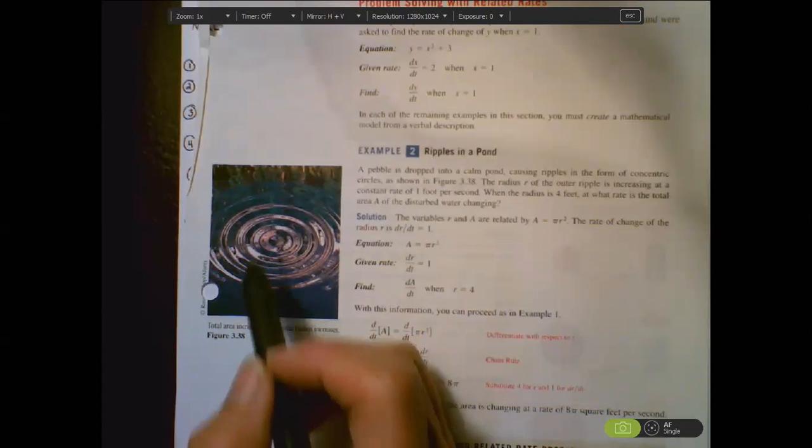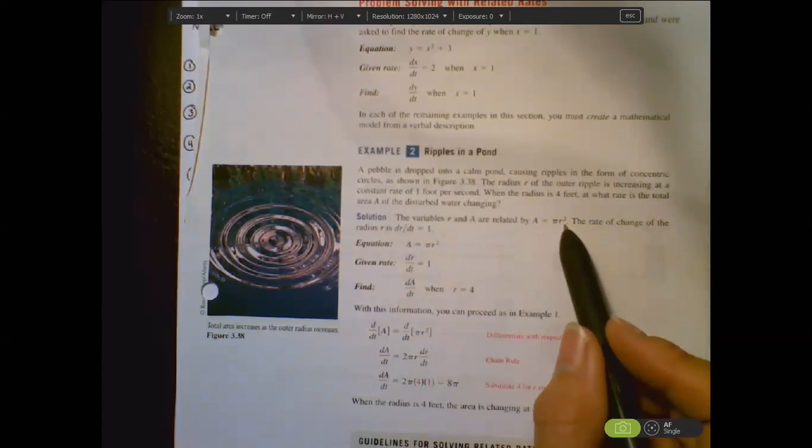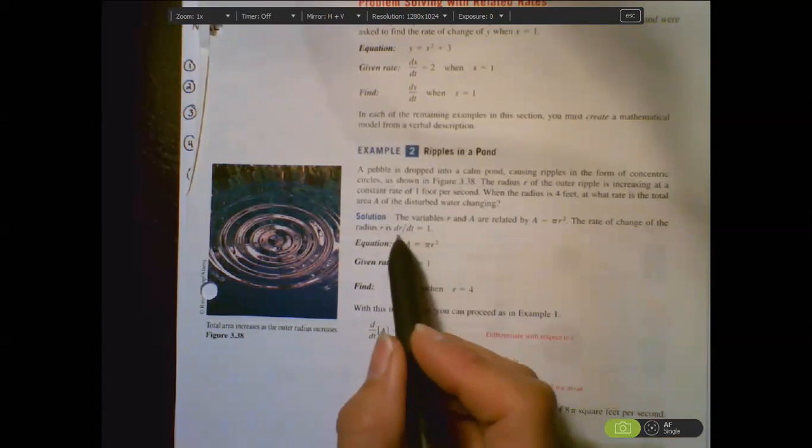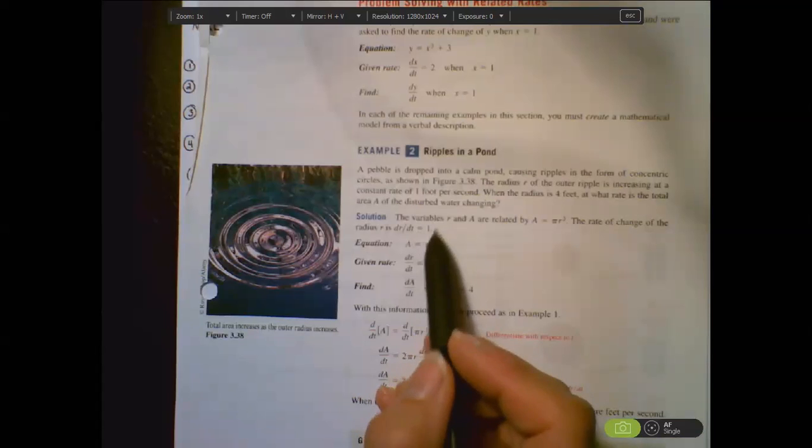But the area of the circle is given by A equals pi r squared, and we know that r depends on time. And this is telling us the relationship between the radius and the time. The change in radius with respect to time is 1. Can you tell me what the units on that 1 are? What the heck is that 1?